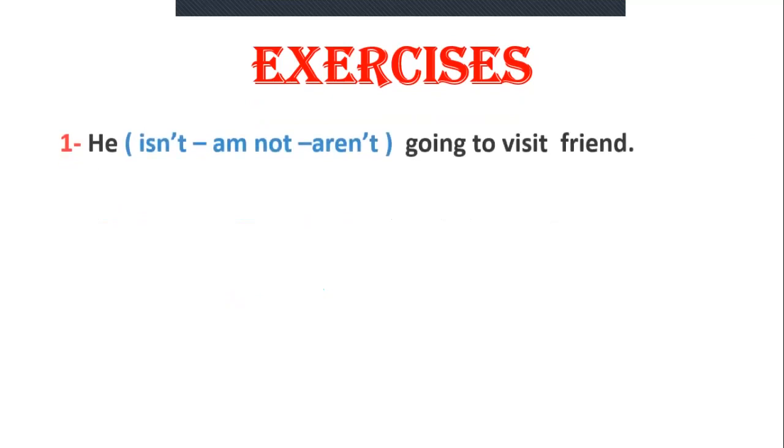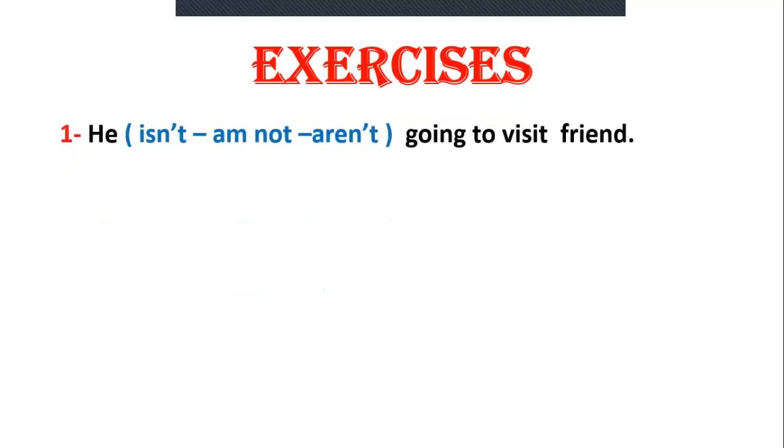Okay, my students, some exercises. Number 1: He isn't, he am not, he aren't going to visit his friend. Here we choose what? Isn't or am not or aren't. Our sentence begins with he, and with he, we use which verb to be?